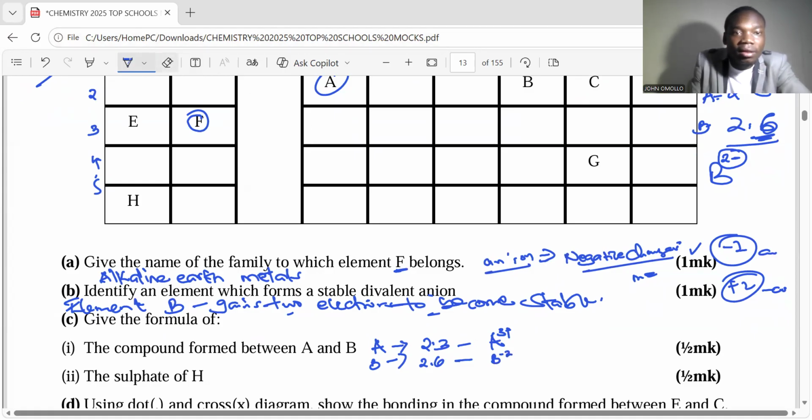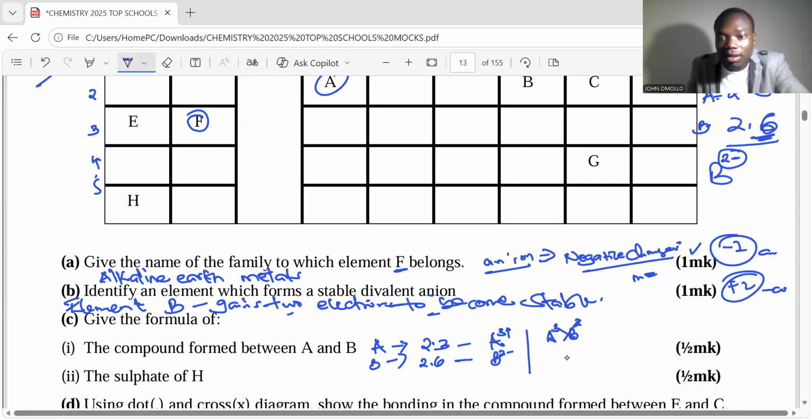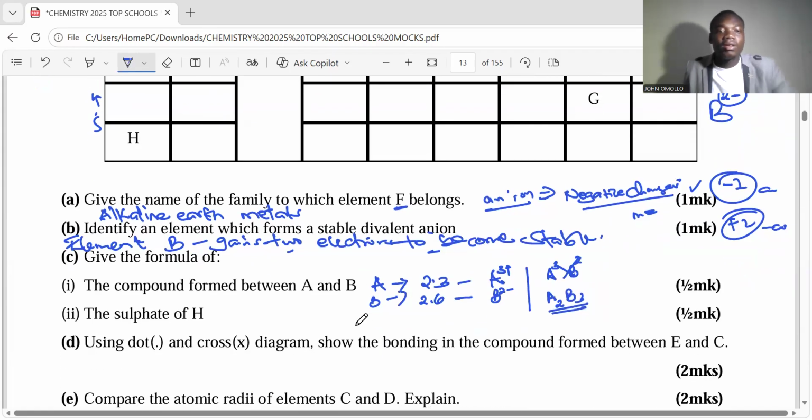We can write it as -2, or 2 negative. So when we want to write the compound formed, A 3, B 2. When they interchange, we are going to have A2B3. That is the compound that is going to be formed.